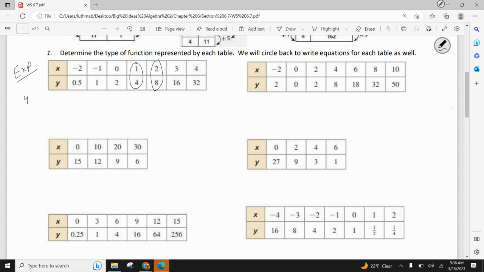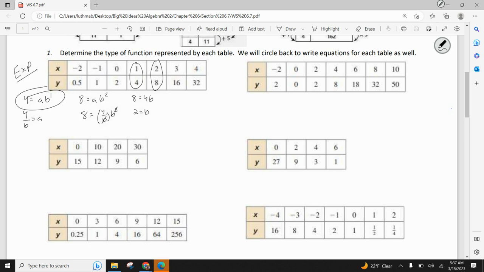And we can write 4 equals a, b to the first, and we can write 8 equals a, b to the second. Solve for a, sub in for a. Have 8 equals 4b, so 2 equals b.